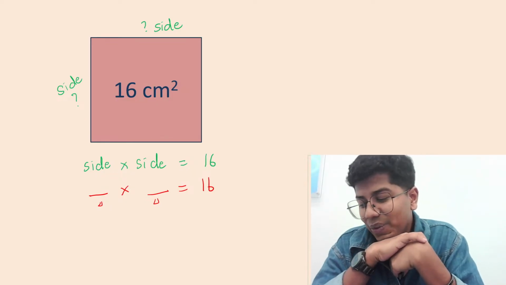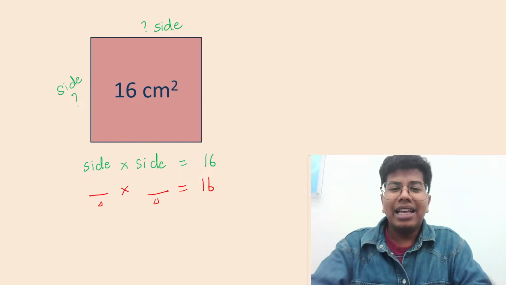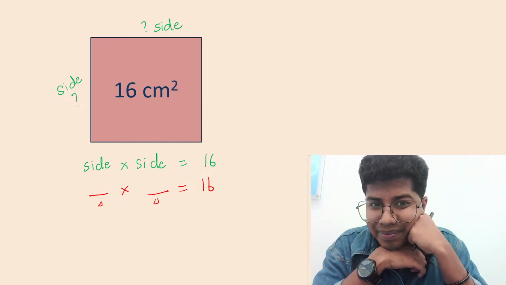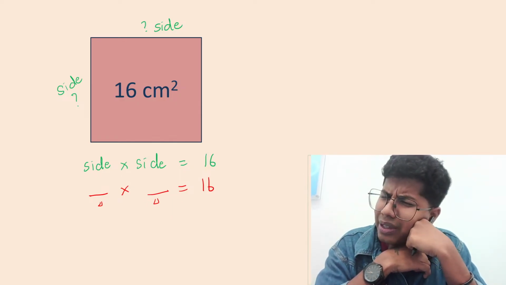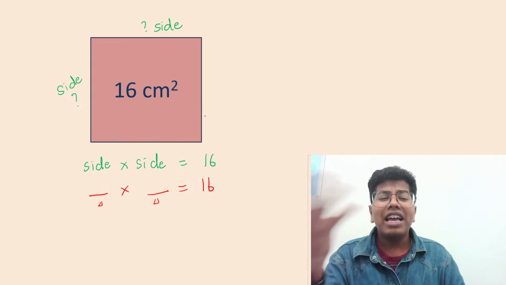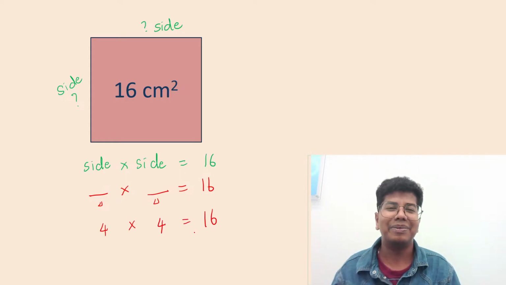Think. Take a guess. 2 times 2, 3 times 3, 4 times 4. Many of you have guessed it correct. It's nothing but 4 multiplied with 4, which is equal to 16.